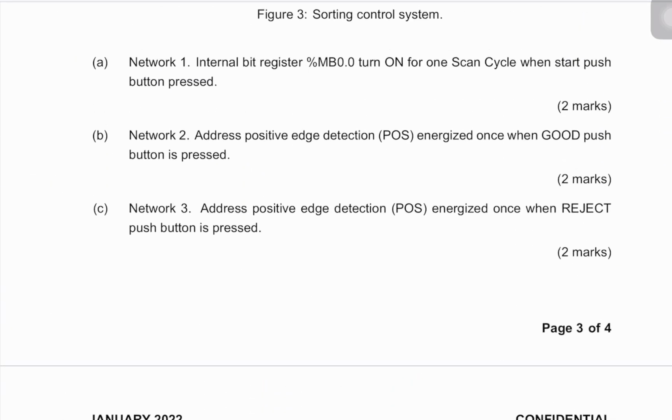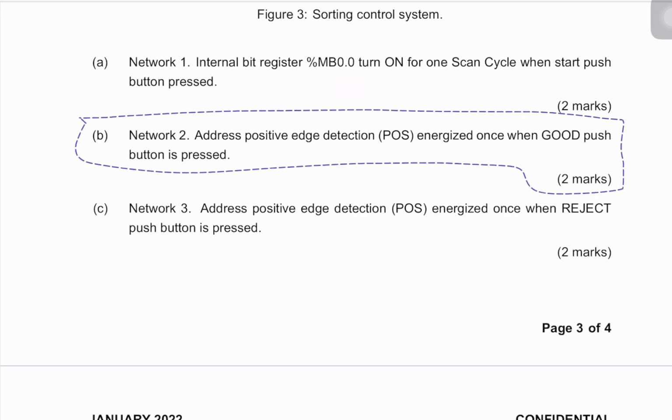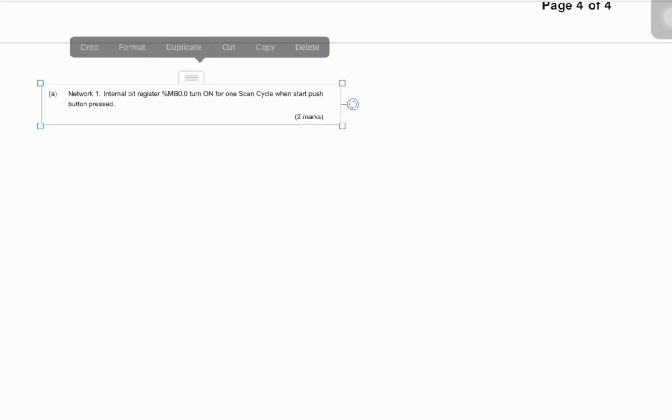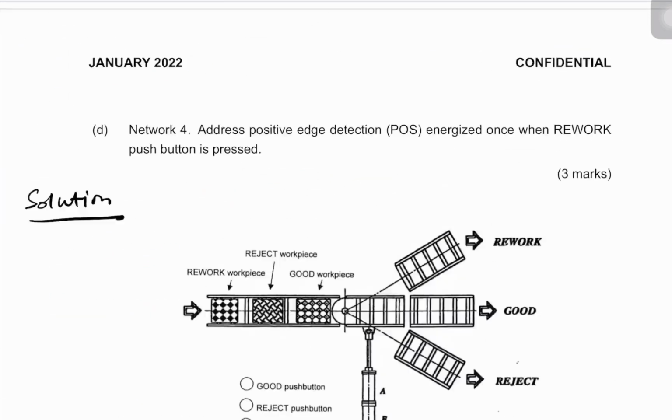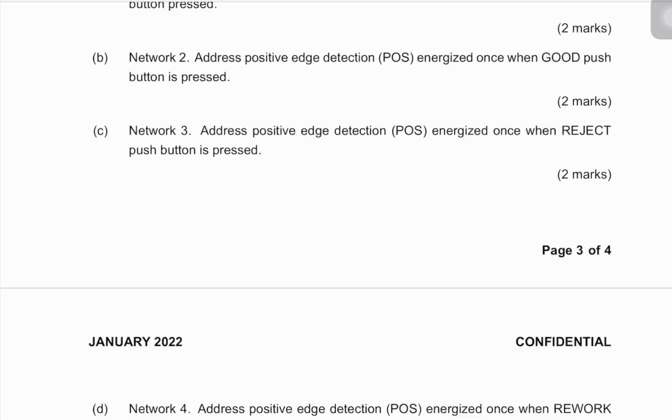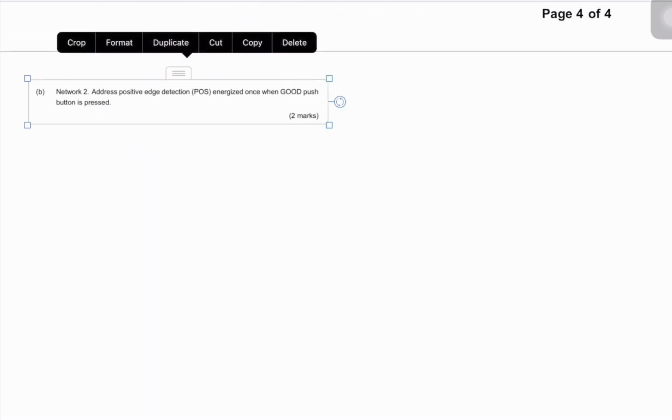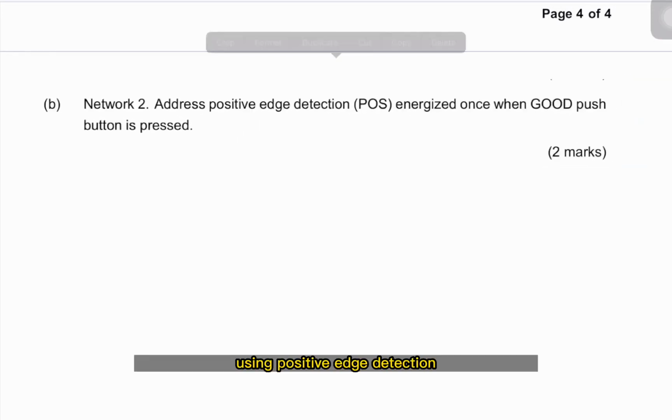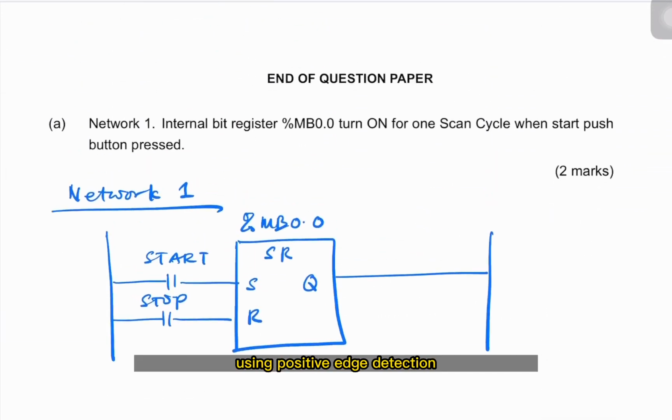Then network number 2, using positive edge detection.